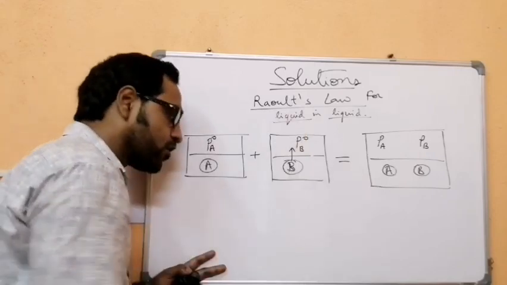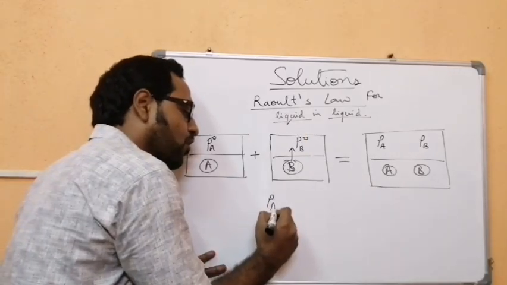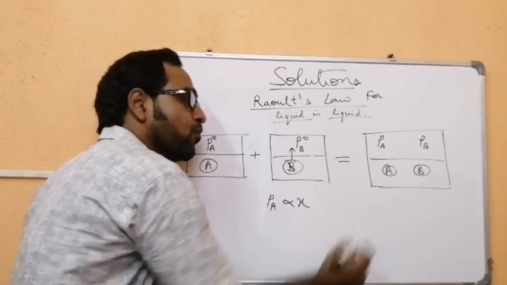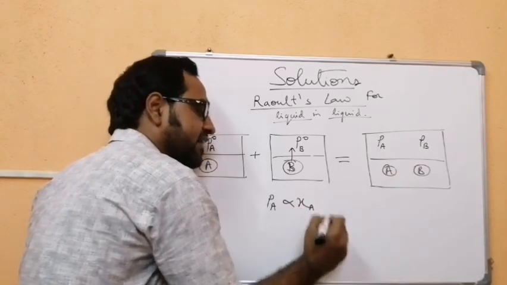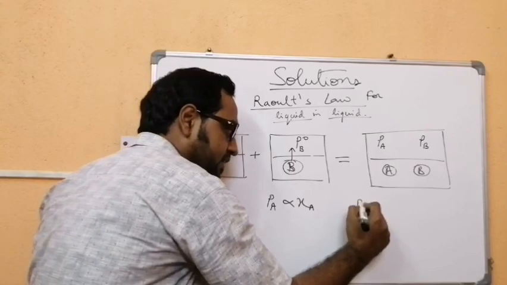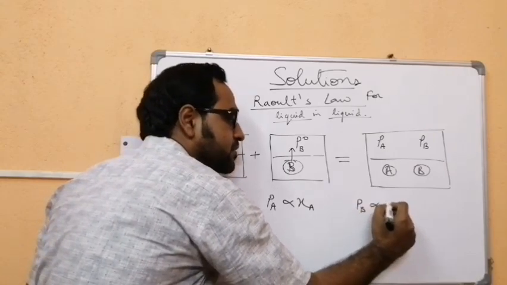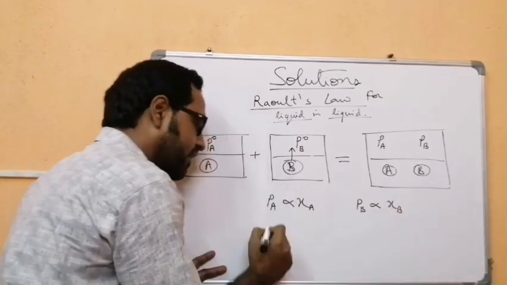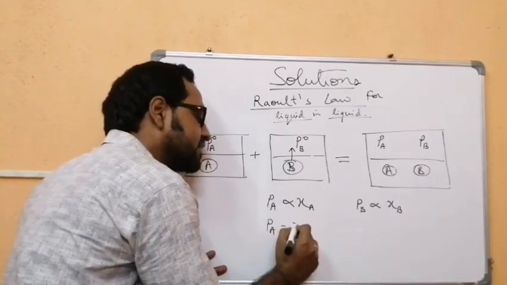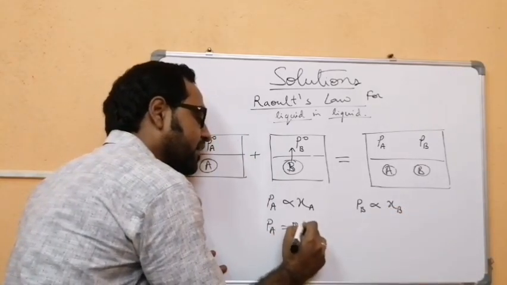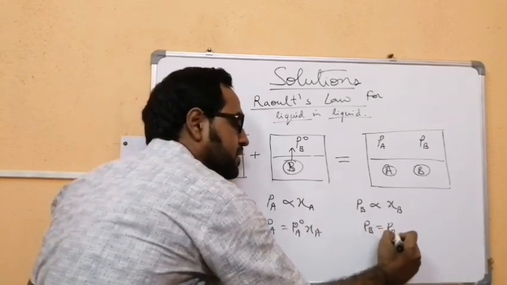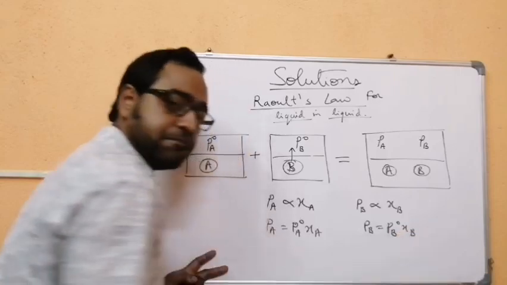So according to Raoult's law, the partial pressure of each component is directly proportional to mole fraction of the component XA. The partial pressure of B is directly proportional to the mole fraction of the component XB, and so we have PA is equal to PA naught into XA, PB is equal to PB naught into XB.